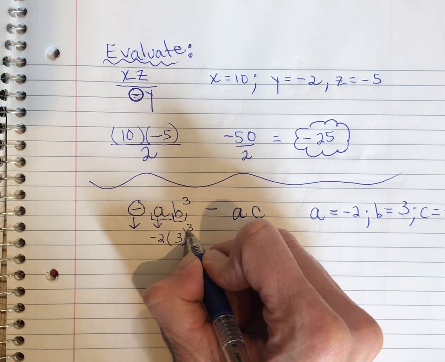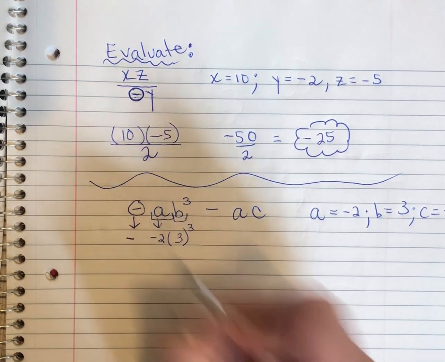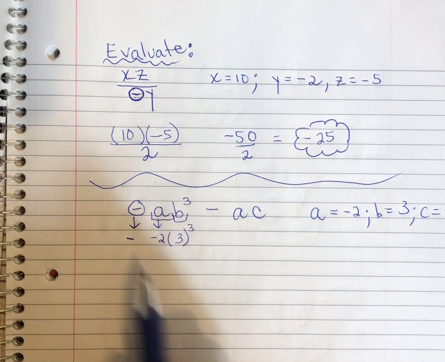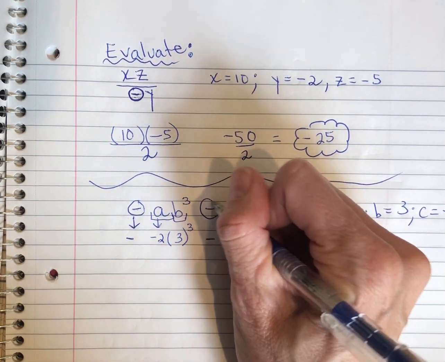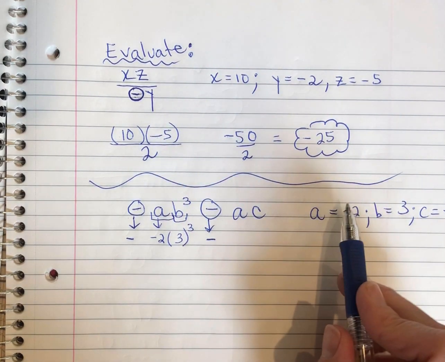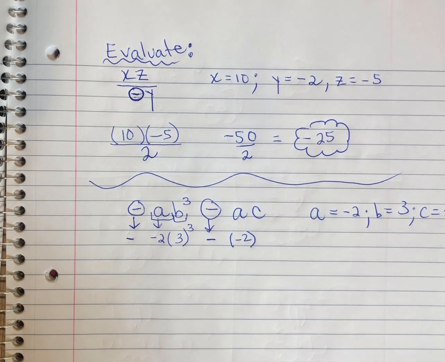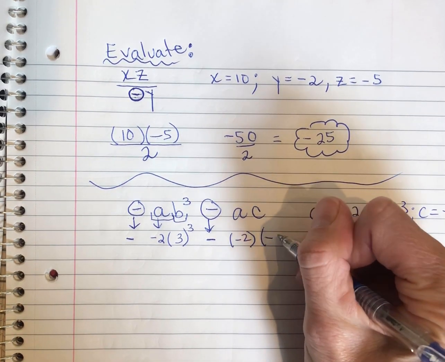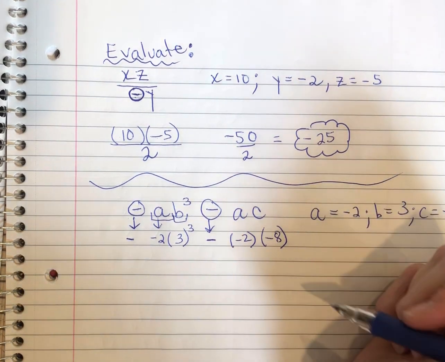We're cubing it. And we're gonna drop down this negative symbol right in front, and we're gonna deal with that in just a second. Minus, drop down your subtraction symbol. A, put it in parentheses, is a negative 2, and C is a negative 8. Okay, that's not very pretty, but it's doable.